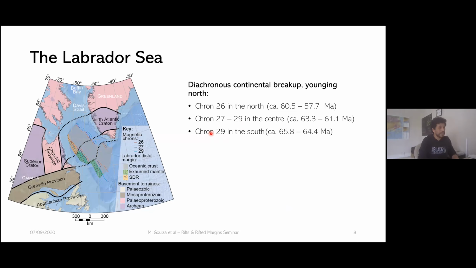So we have younging of the oceanic accretion as we move north. Basically, the lithospheric breakup occurred by the end of the late Cretaceous in the southern parts, and then it only happened by the mid to late Paleocene in the north.